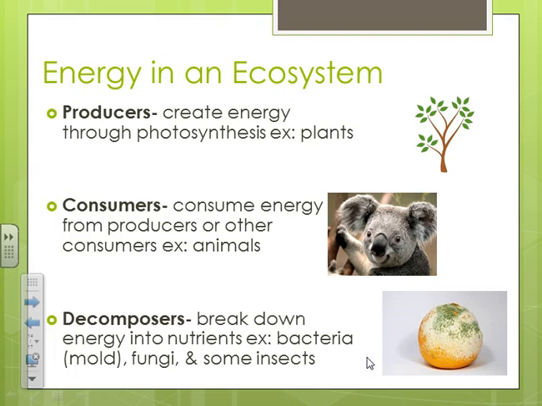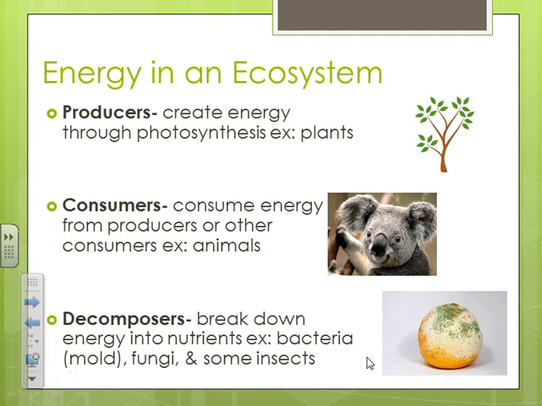Okay, so obviously producers are living things that create their own energy through photosynthesis. Like plants, they produce their own energy. Consumers consume that energy from the producers or other animals.